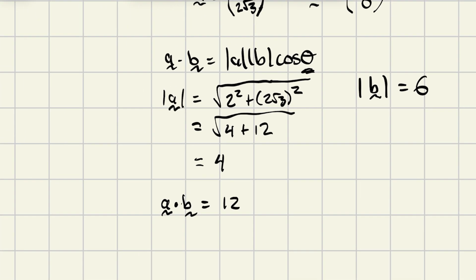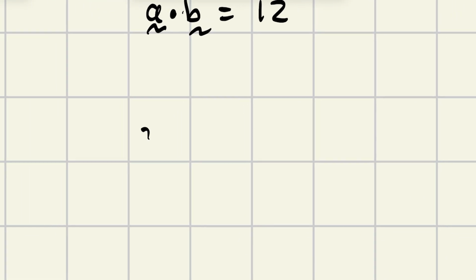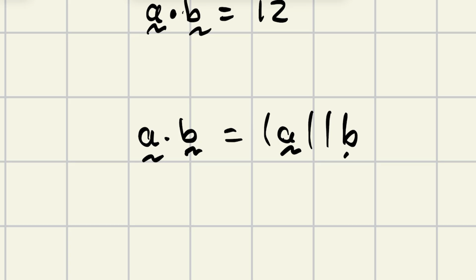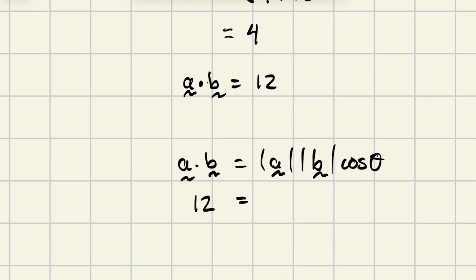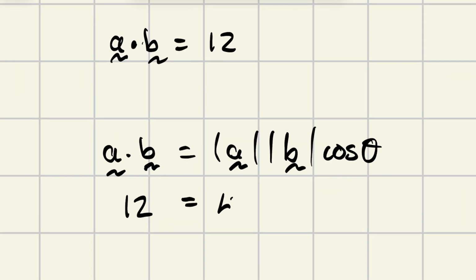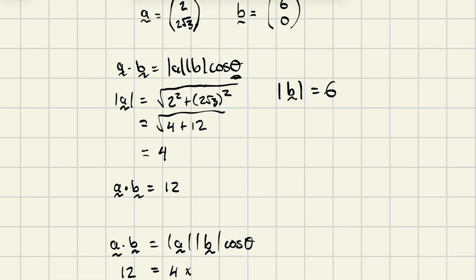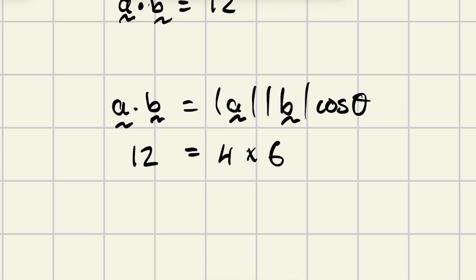Now we sub in everything we know into our original formula. So if A dot B equals the magnitude of A times the magnitude of B times cos theta, then that means 12, which we found before, equals 4 times 6 times cos of theta.